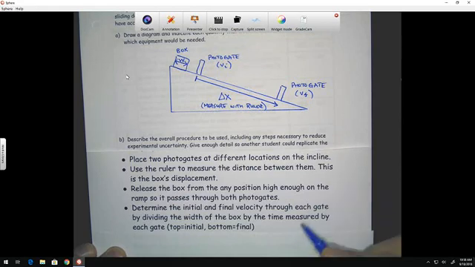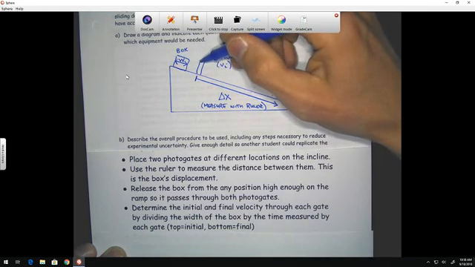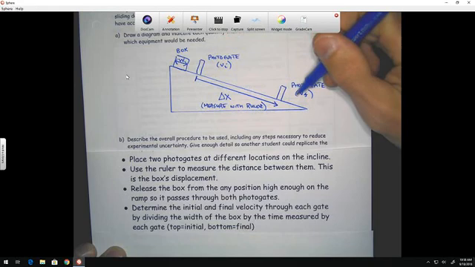So you're going to determine the initial and final velocity through the gates by dividing W by t initial, and W by t final.